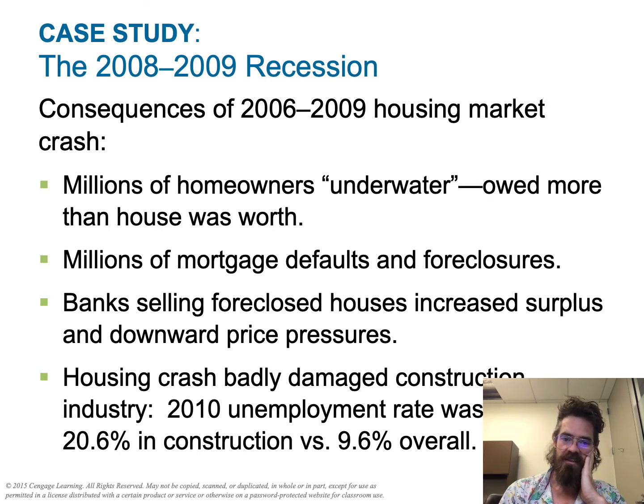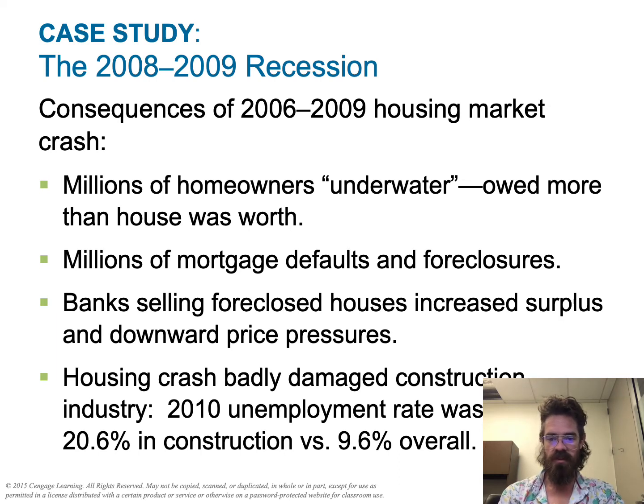It badly damaged the construction industry. And the construction industry is one of the best indicators of how an economy is doing. If the construction industry is doing well, then typically the economy is doing well. And so as this housing crisis got underway, the construction industry was badly hurt.